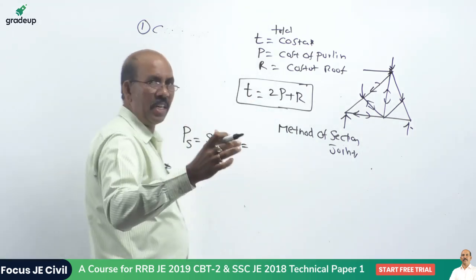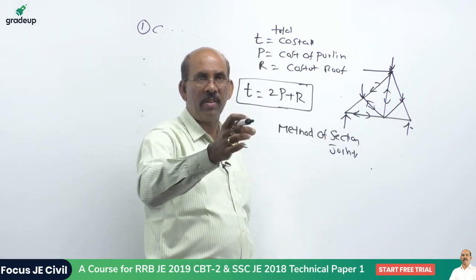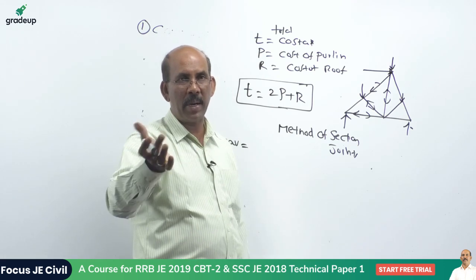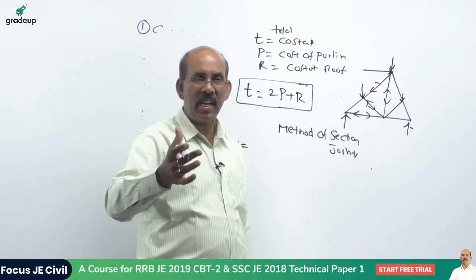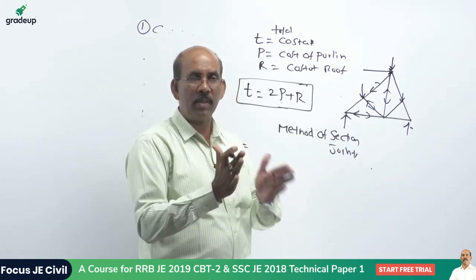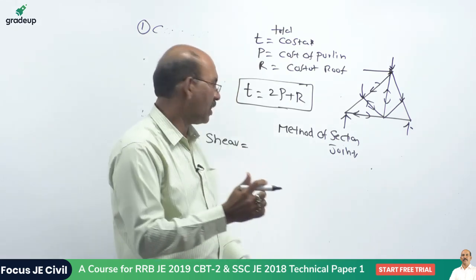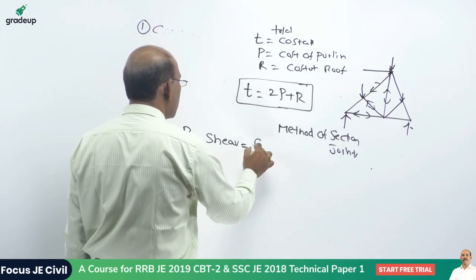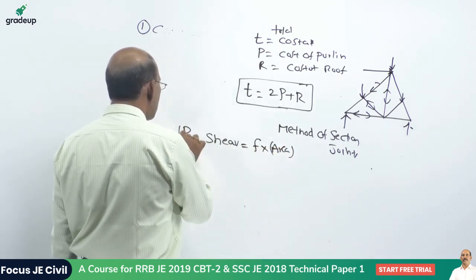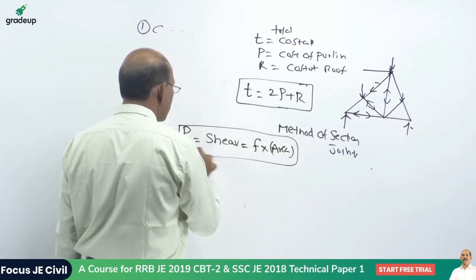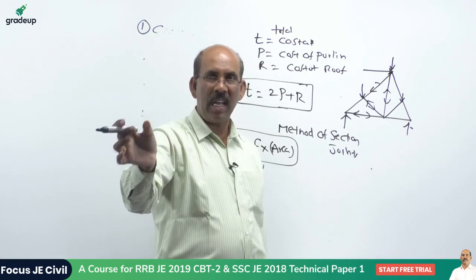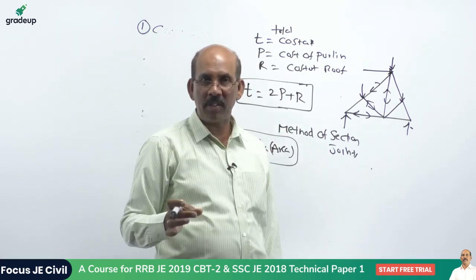The shear effect in any structure is less compared with the bending effect. The bending effect is more in any case compared to the shear, and that is why shear is introduced in the member because of the bending. So this magnitude, P is equal to stress into area, and this particular shear stress is less compared to the bearing stress.